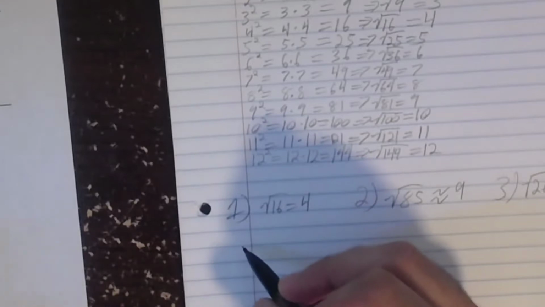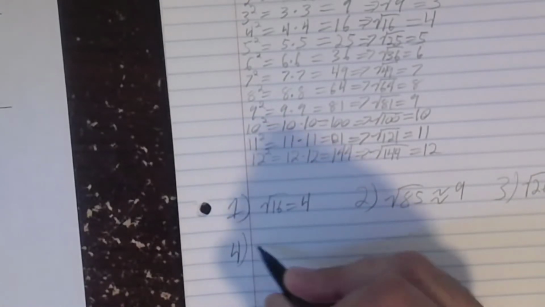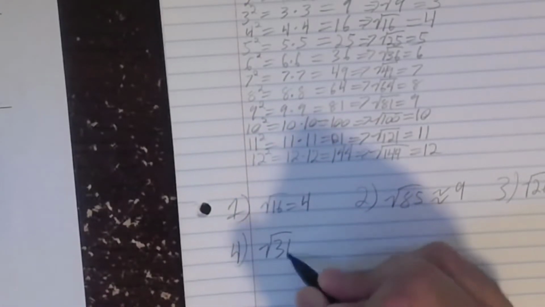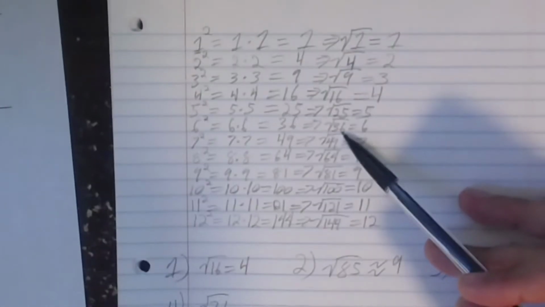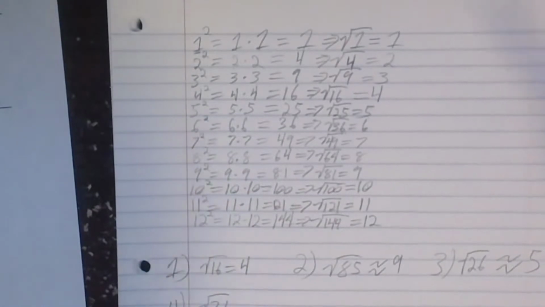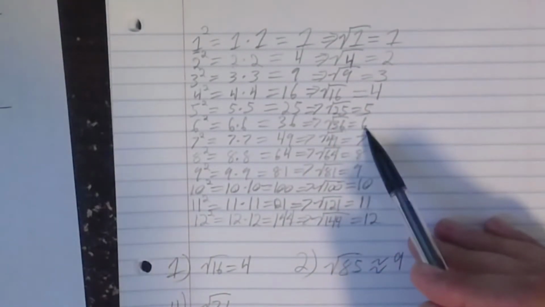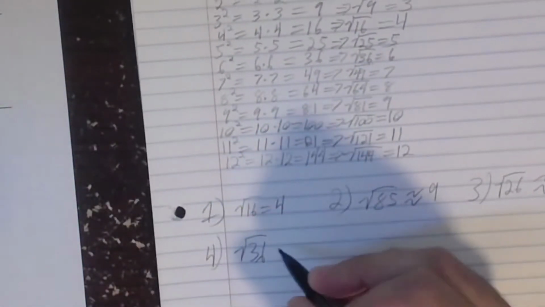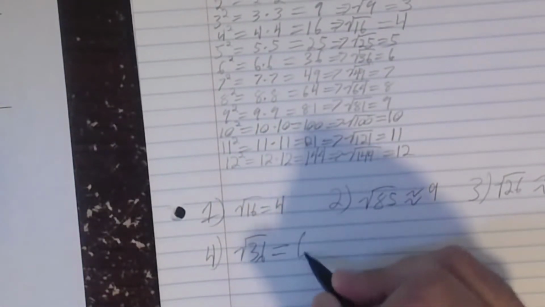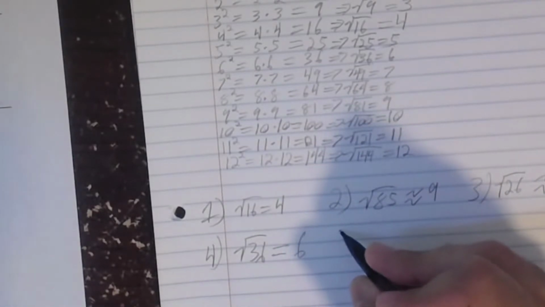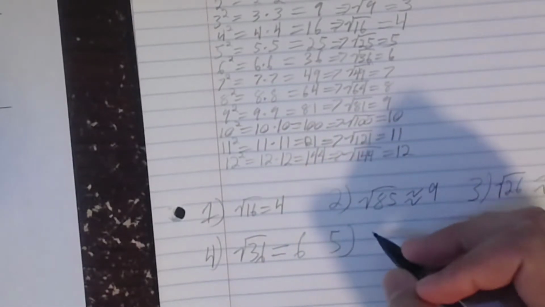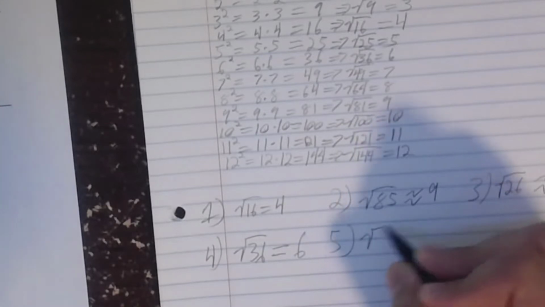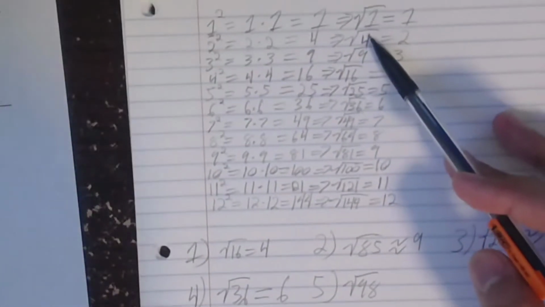And let's see, number 4. Square root of 36. Can we find our 36? Oh, look, we found the 36. It is 6. So we have an exact answer. The square root of 36 is 6. There you go. Now we have number 5, which is the square root of 98. Now we have to look.